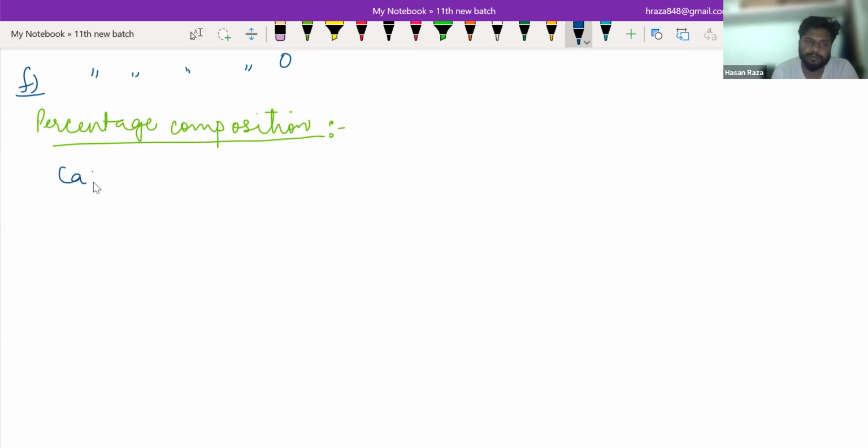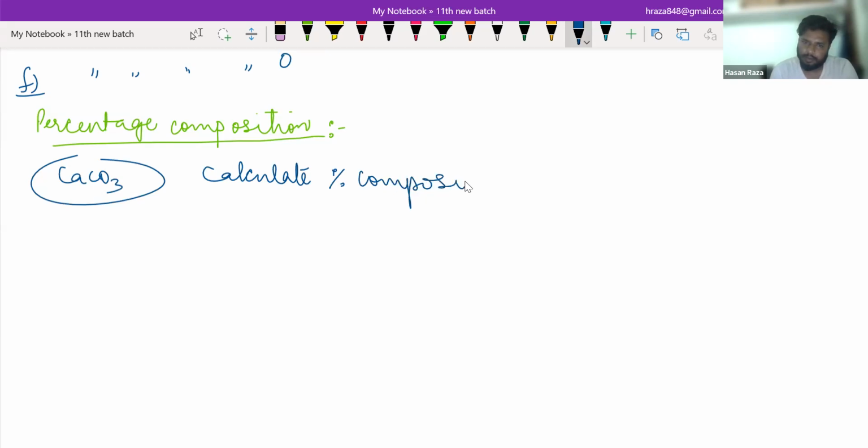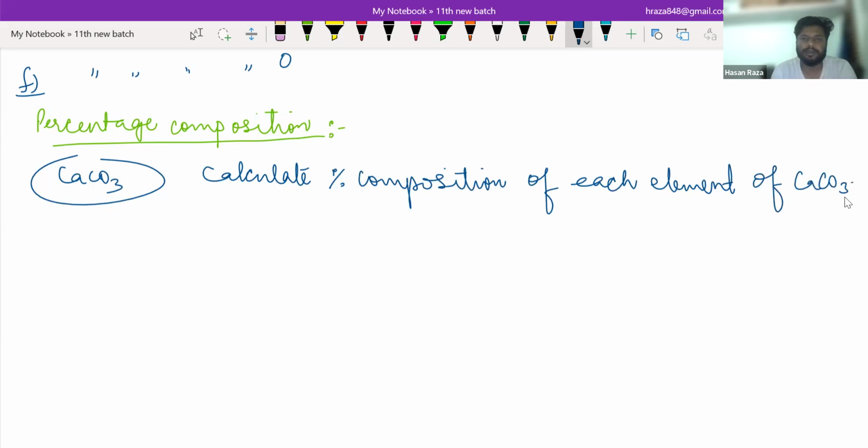Like if you have calcium carbonate, so you will have a question like calculate percentage composition of each element of CaCO3, calcium carbonate.